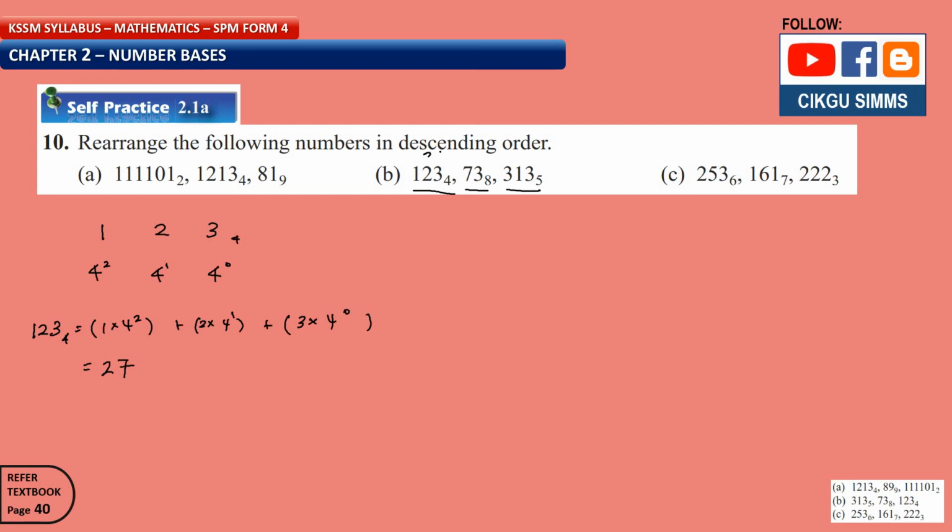This one will be 27. And you do the same thing for 73 base 8. You will find that this is 59. This one is 83. So the descending order would be 313 base 5, 73 base 8, 123 base 4. For this one, you will get the value is 105. This one is 92. This one is 26. And then you find the ascending order.